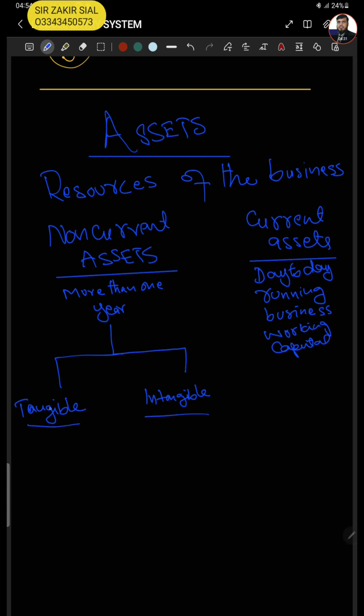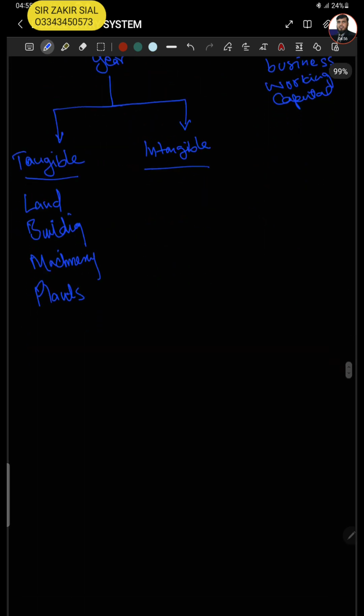Tangible assets are those we can touch, like land, building, machinery, plants, office furniture, office equipment.